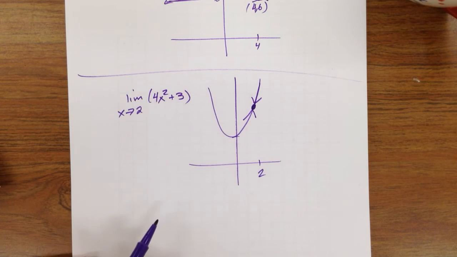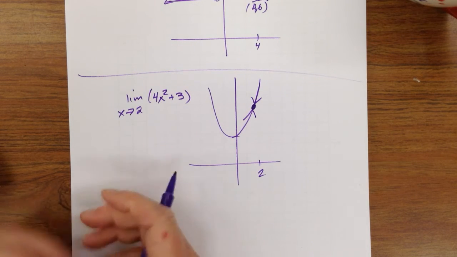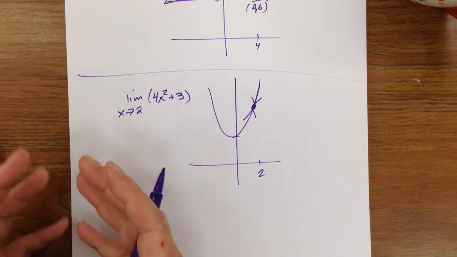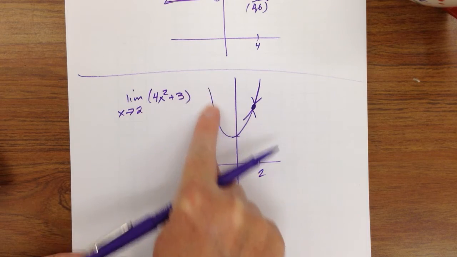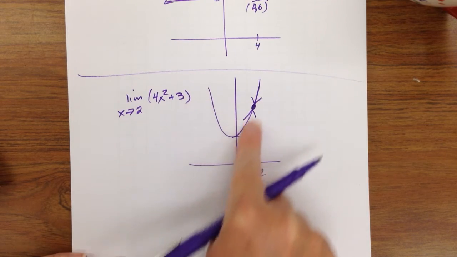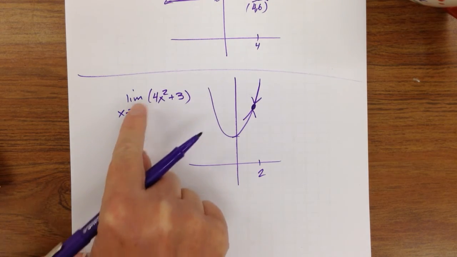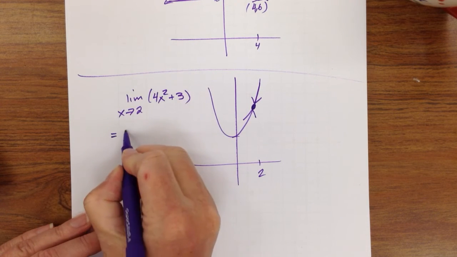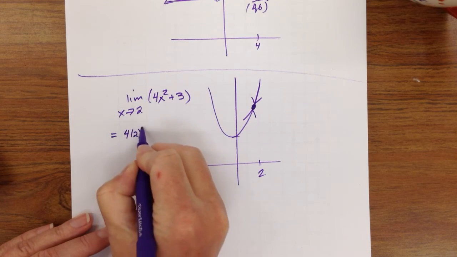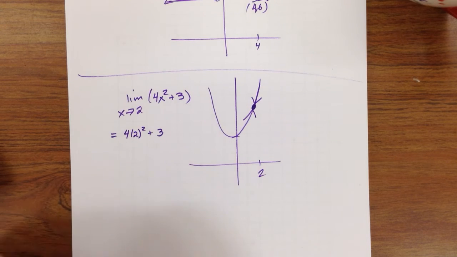Plug 2 in. There's no division by 0. There's no denominator. There's no weirdness. This is a lovely continuous parabola. You can trace it from left to right without picking up your pencil. To get the answer to this limit, all you have to do is fill the 2 in. Direct substitution.